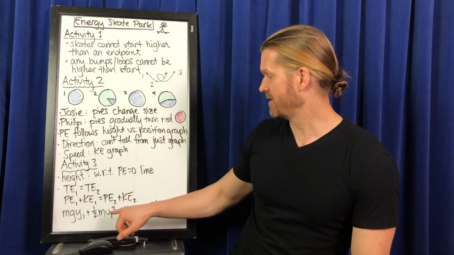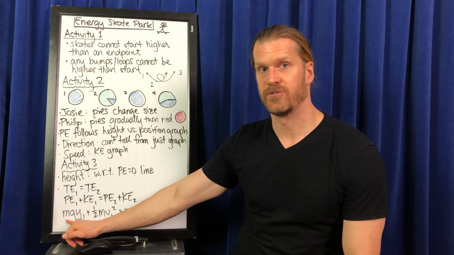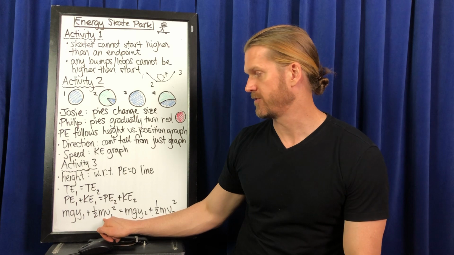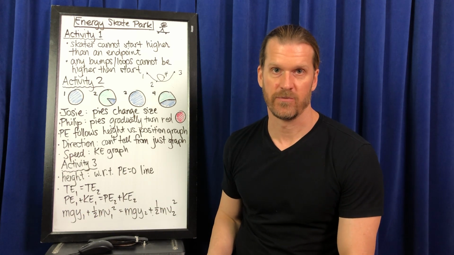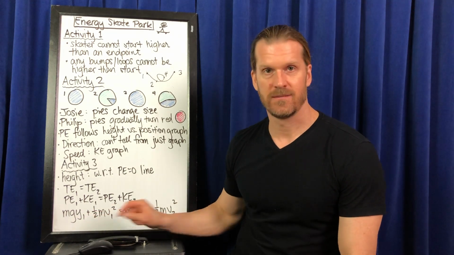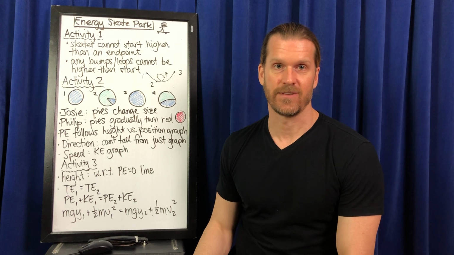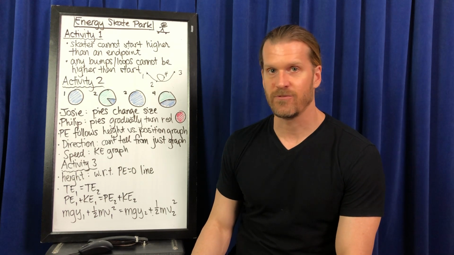Skipping ahead a little bit, remember that mechanical energy is gravitational potential energy plus kinetic energy, both of which are proportional to mass, both of which have a factor of m. So if we increase m, then the total mechanical energy increases. If we decrease m, the total mechanical energy decreases.